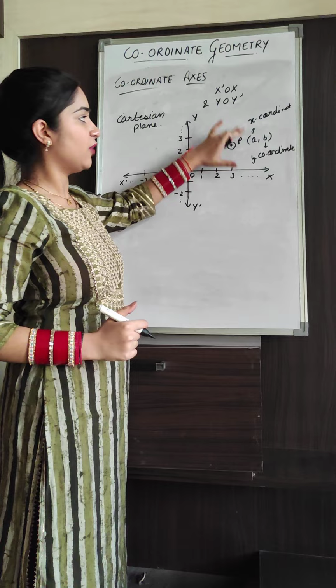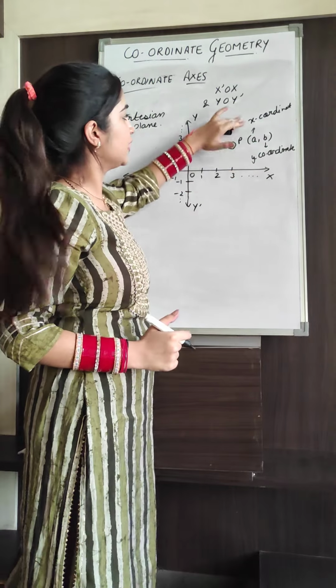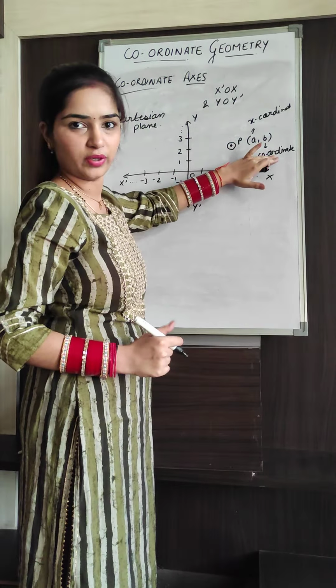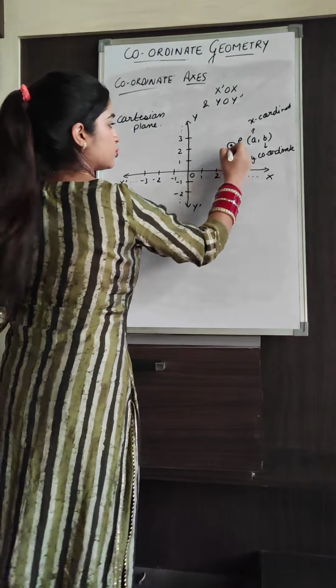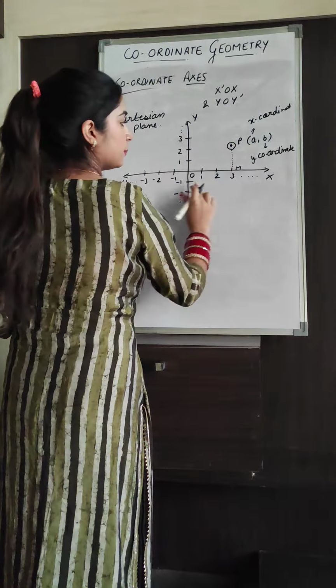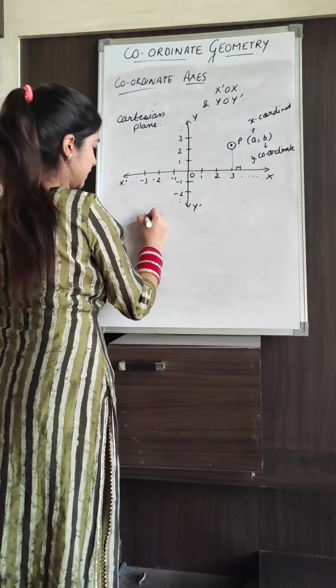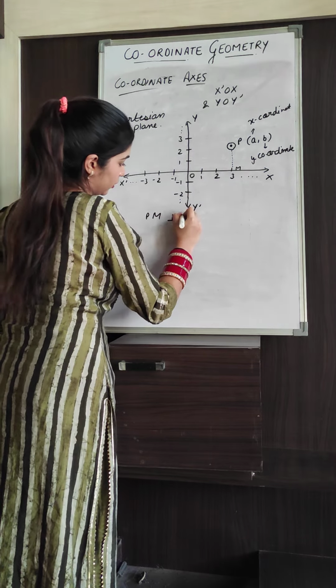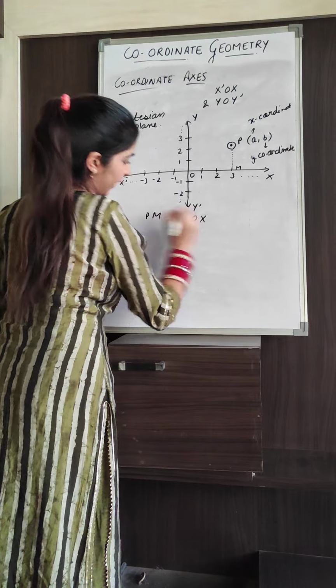Now we have to find the values of A and B, means the x coordinate and y coordinate. For this we have to draw a perpendicular, say PM, perpendicular to the x-axis, means PM perpendicular to X'OX.